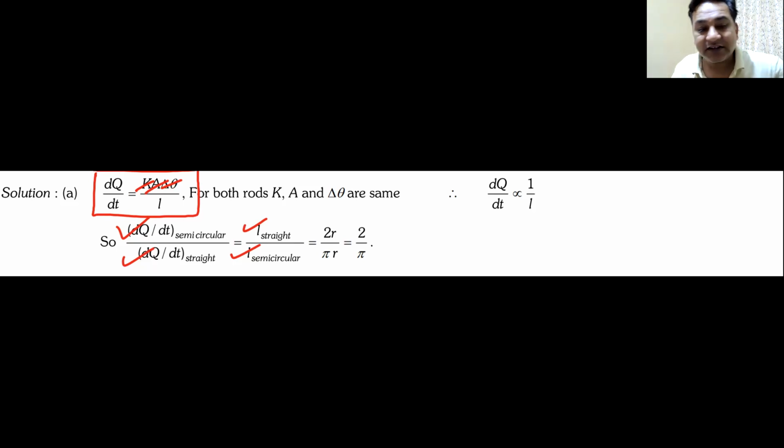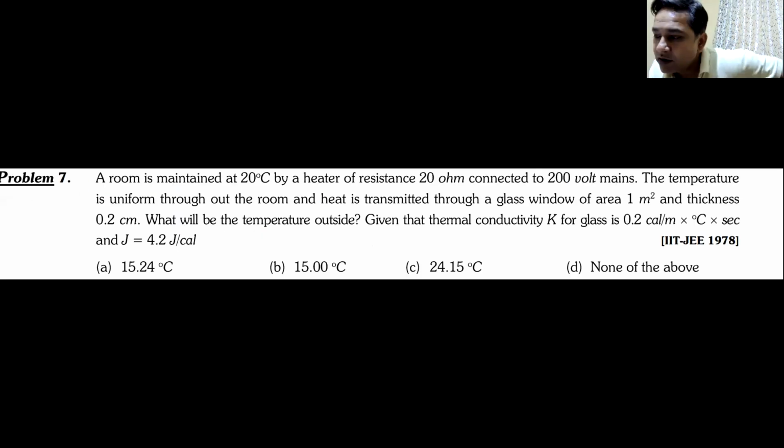And the next one is here. IIT-JEE 1978. A room is maintained at 20 degrees Celsius by a heater of resistance 20 ohms and 200 volt mains.